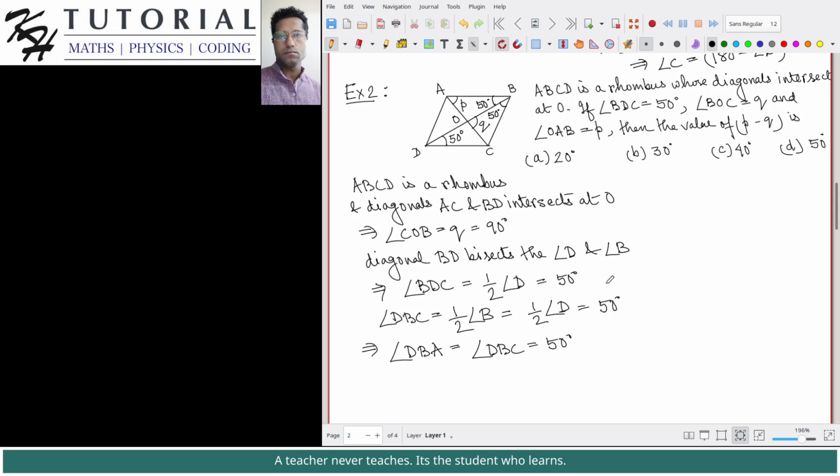Okay. Now we know that in triangle AOB, Q is 90 degrees.